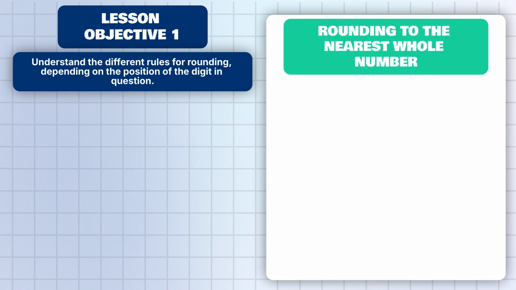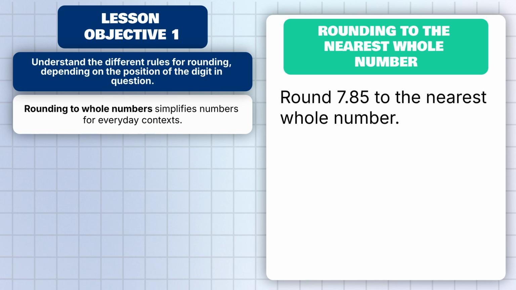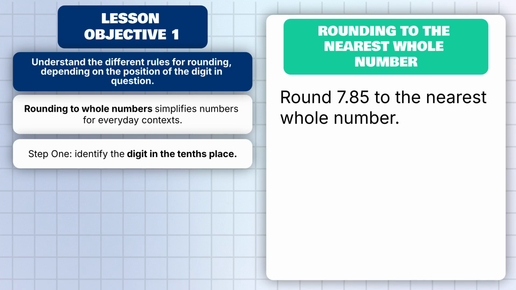Now, let's review rounding to the nearest whole number. Whole numbers are numbers without fractional or decimal parts. Rounding to whole numbers simplifies numbers for everyday contexts such as counting, pricing, and more. Let's round 7.85 to the nearest whole number. First, we must identify the digit in the tenths place.